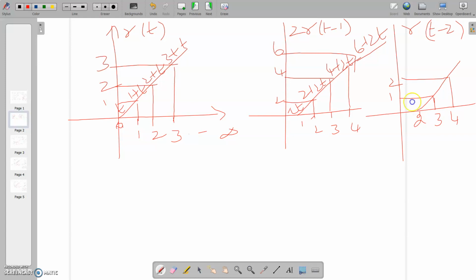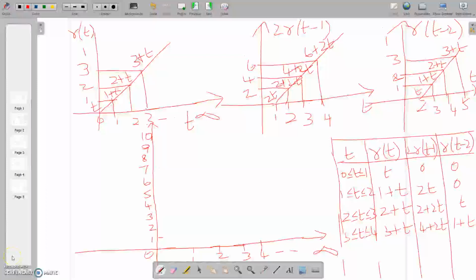So how will you represent? This is t, this is 1 plus t, this is 2 plus t and so on. So add all the 3 signals. So what happens? So we have 3 signals, r of t, 2 r of t minus 1, r of t minus 2.